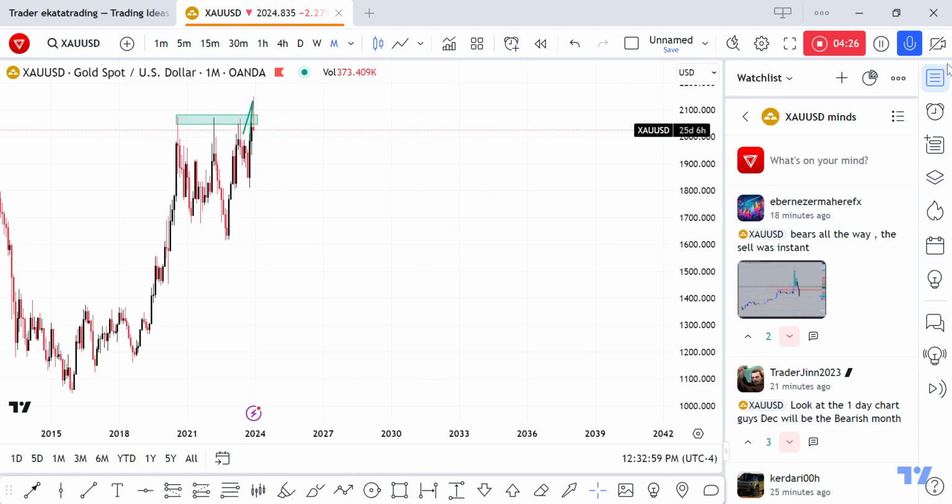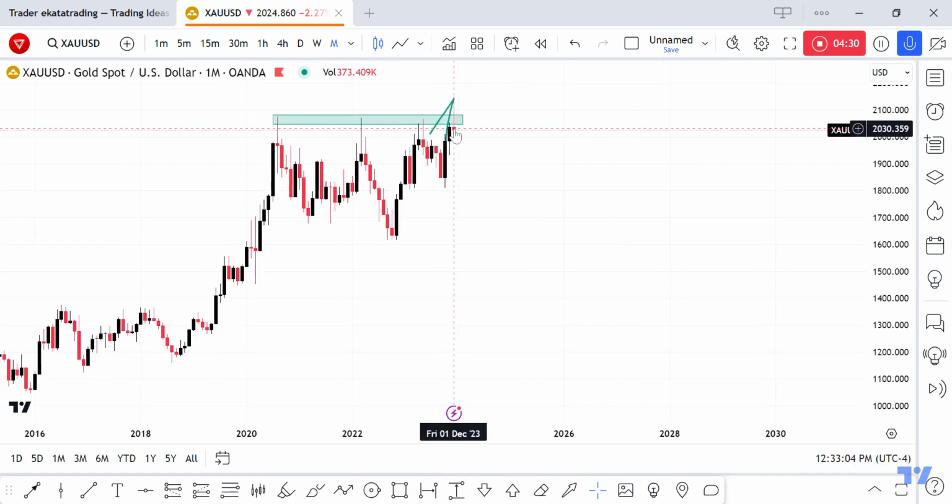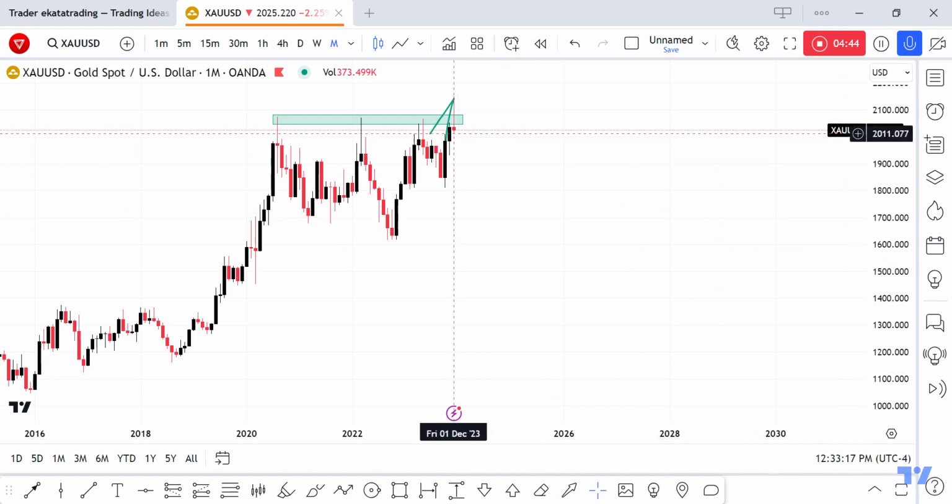In fact, I'd even argue that looking at the monthly candle that is present, this present December candle, is not going to give you any information that you could use, at least not in the long term, because this candle has 25 days again before we could even begin to use information from this. What you're actually using on the monthly time frame is all the candles prior, not the current one.